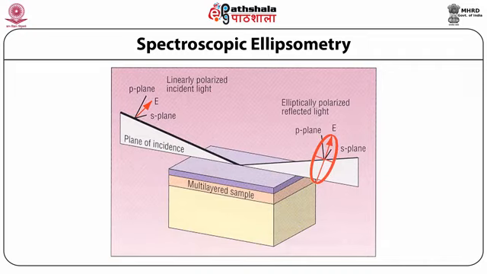This vector is called the vector K incident, and perpendicular to K incident are the two mutually perpendicular vectors for the electric field E vector and magnetic field B vector of the light wave.